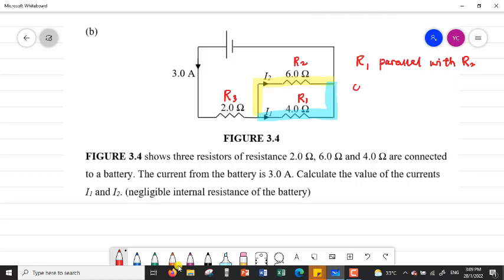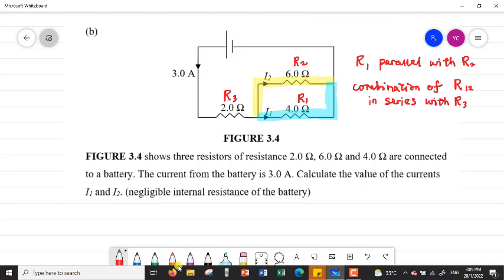The combination R12, so the combination of resistor R1 and R2 is in series with R3.